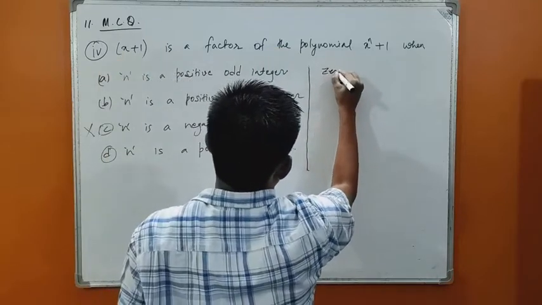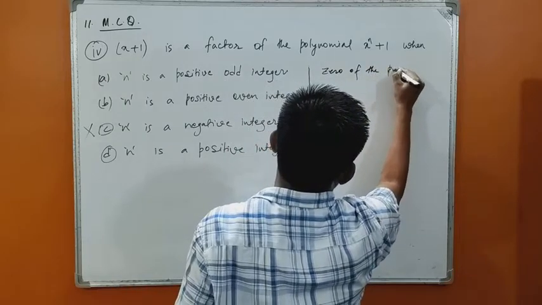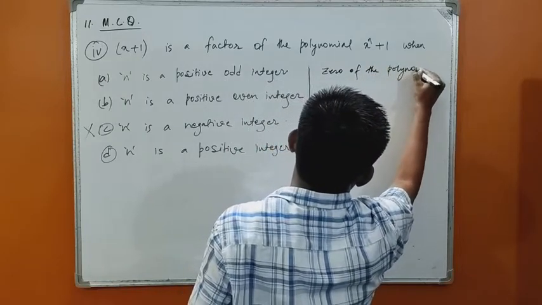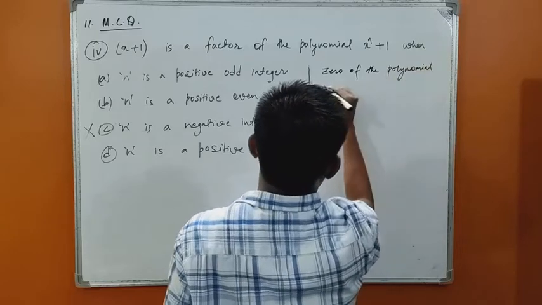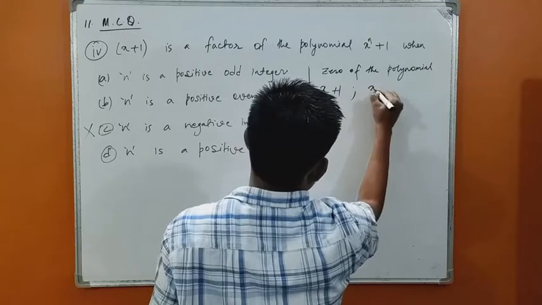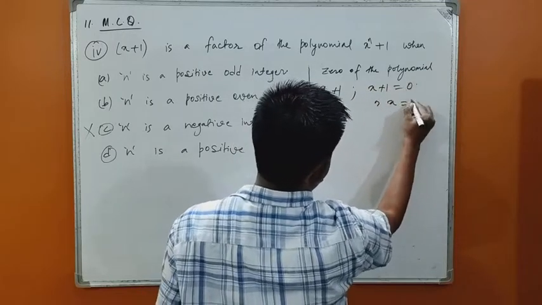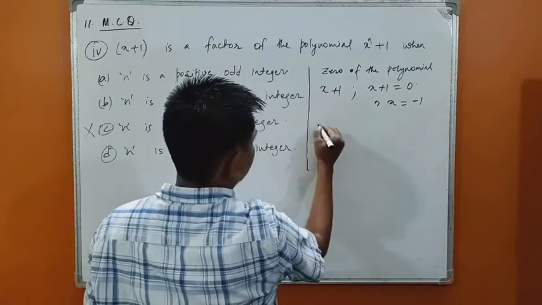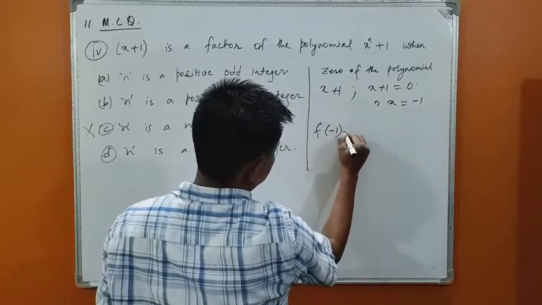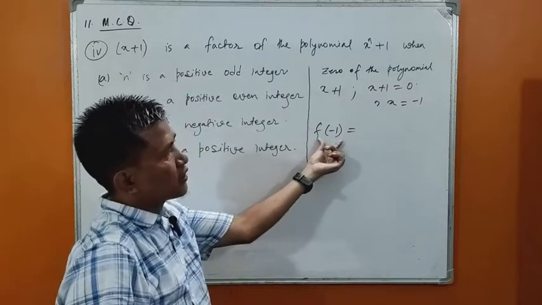The zero of the polynomial x plus 1: x plus 1 equal to 0, or x equals minus 1. That means f(minus 1) is the remainder. F(minus 1) is the remainder.